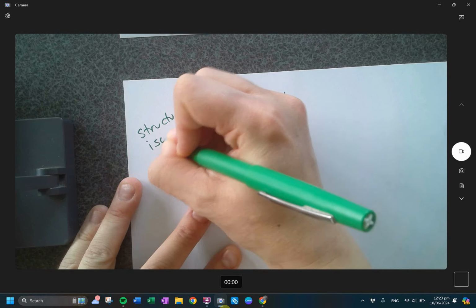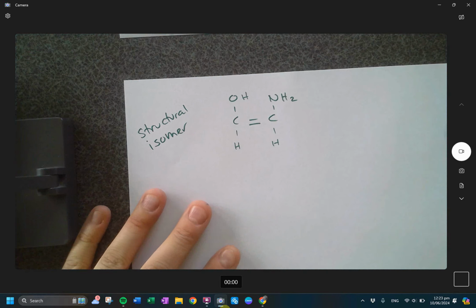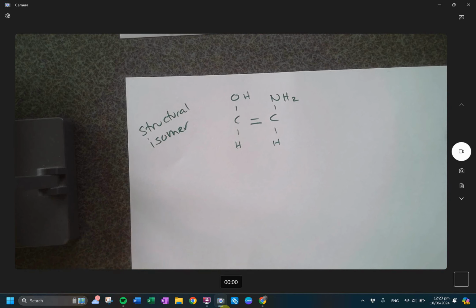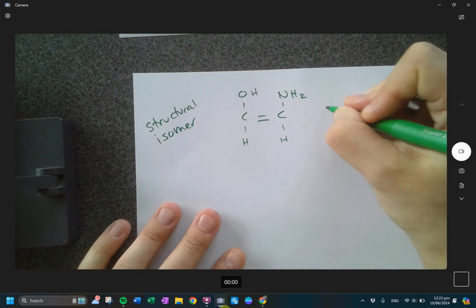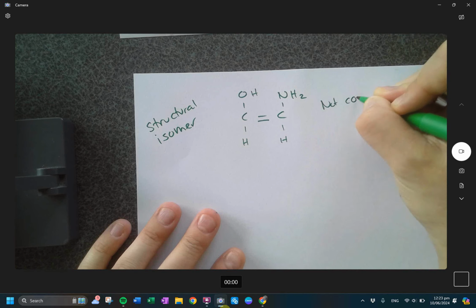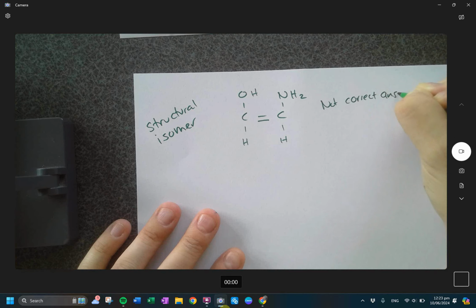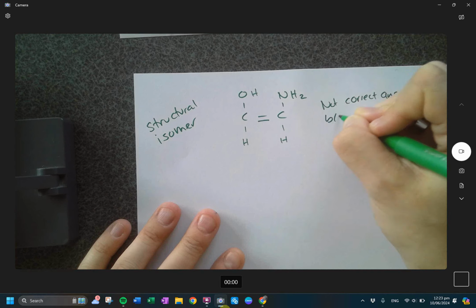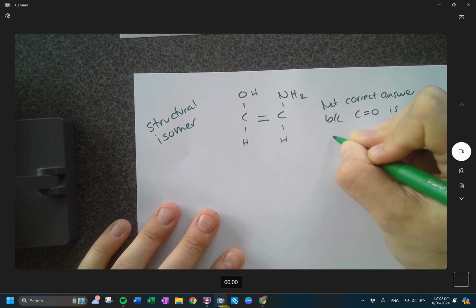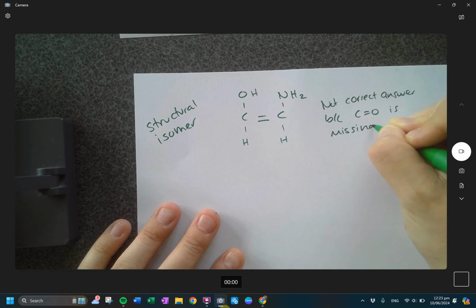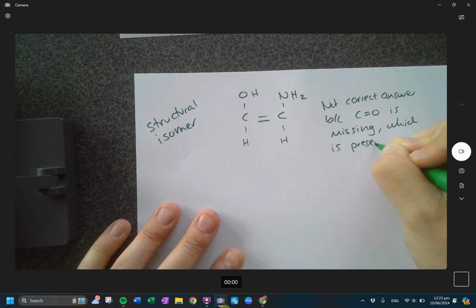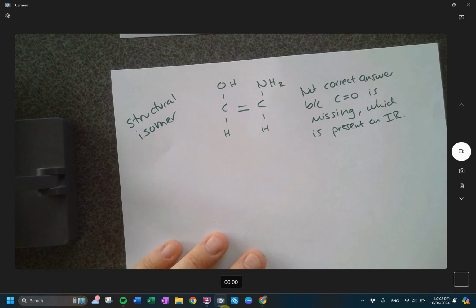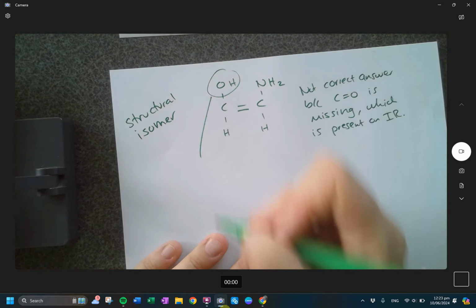And that's why I had you do so much practice with structural isomers. But this is not the right answer. There's multiple reasons why this is not the right answer. The first reason is that you're missing the carbonyl, which is shown on the IR. The other thing is that the IR did not have an OH.